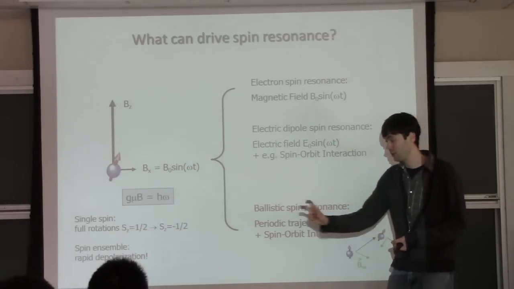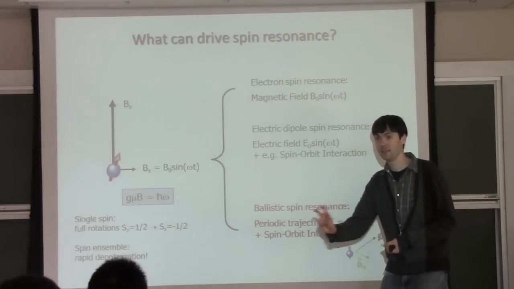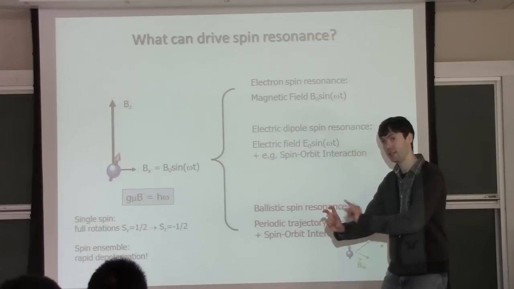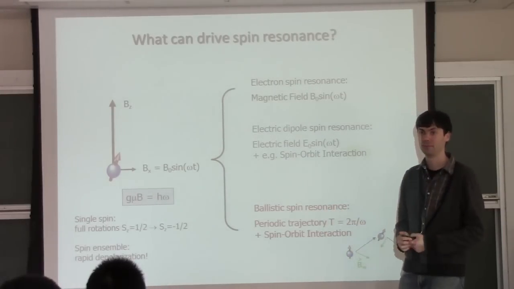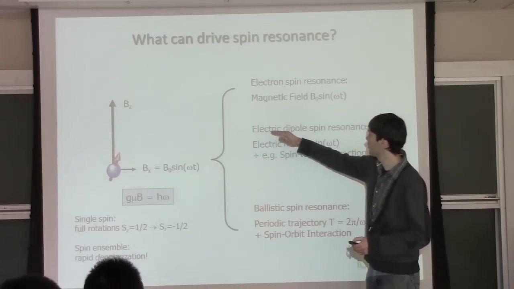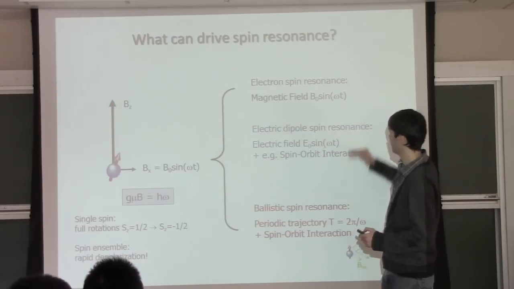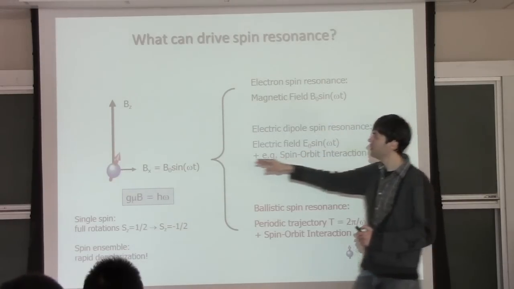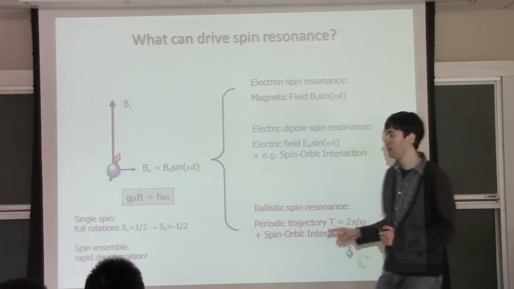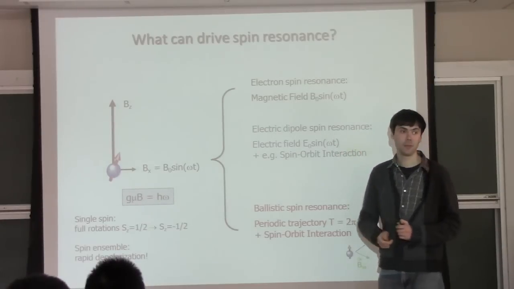So if we take the electron and move it like that, it will experience an AC magnetic field going like that due to Rashba. So then we can observe electric dipole spin resonance. This is the same effect, same arrangement of fields, but we use electric fields to control it.